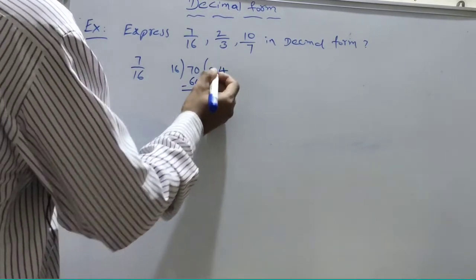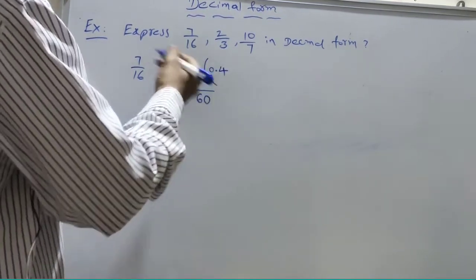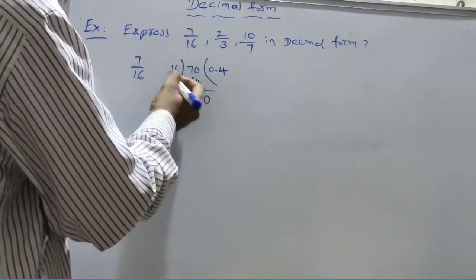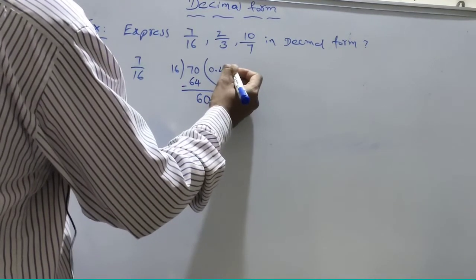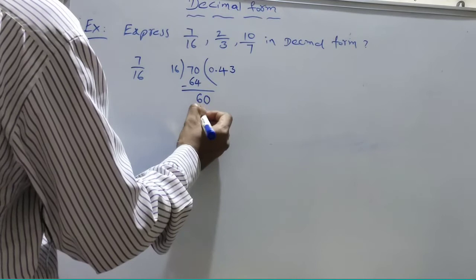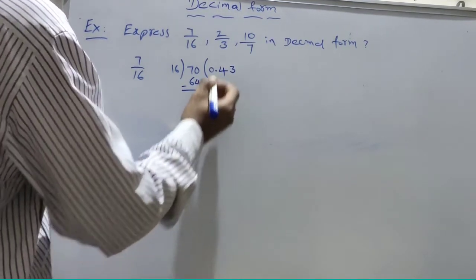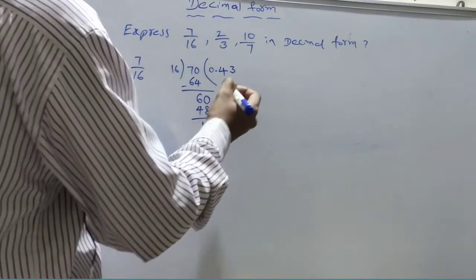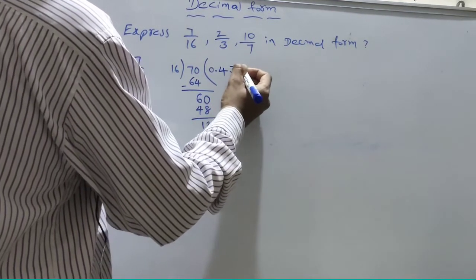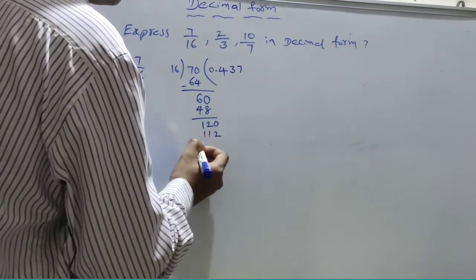Already here we have the decimal, so keep 0 and again divide by 16. So 60, it will go in how many times? 16 threes are 48, and minus, here we get 12. Point is already there, 0, 120. Now 16 7s are 112.